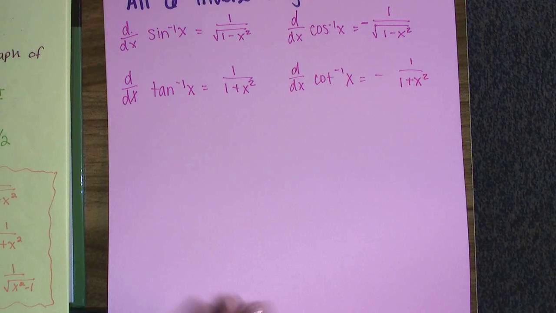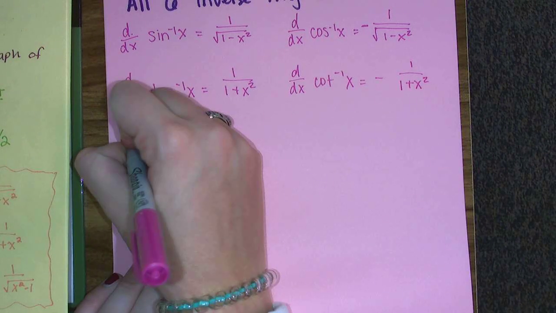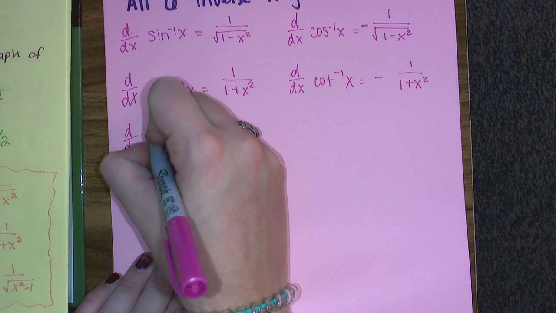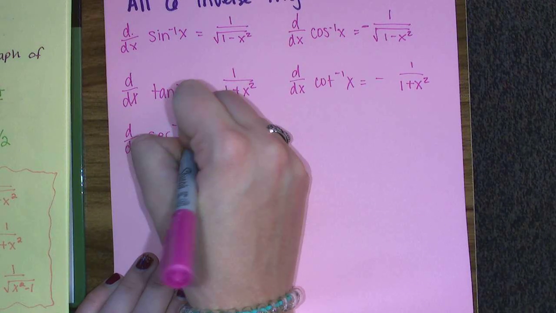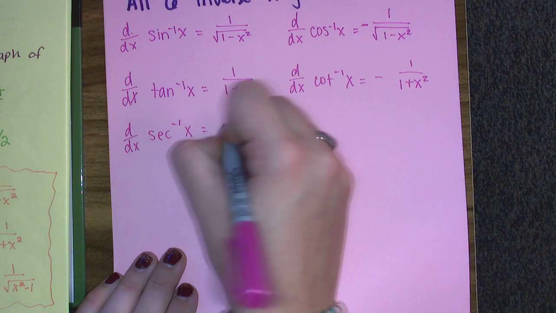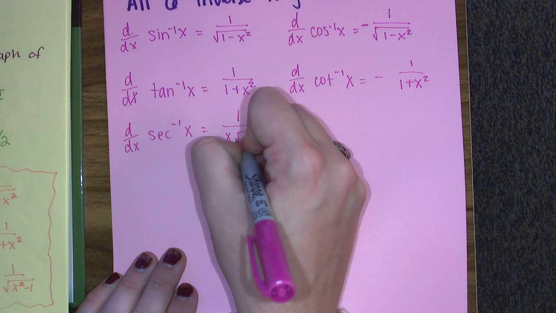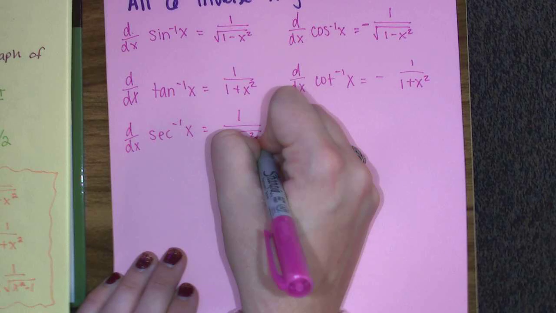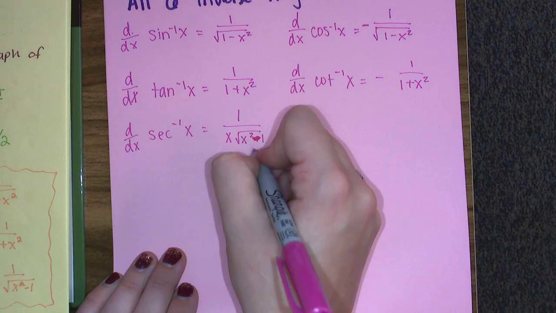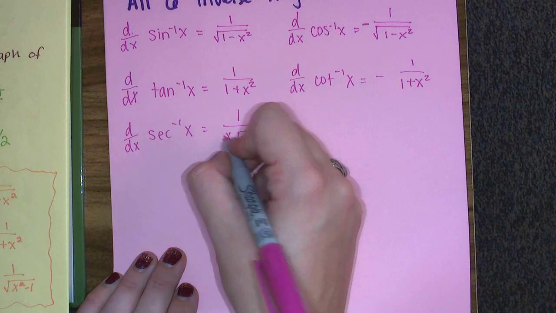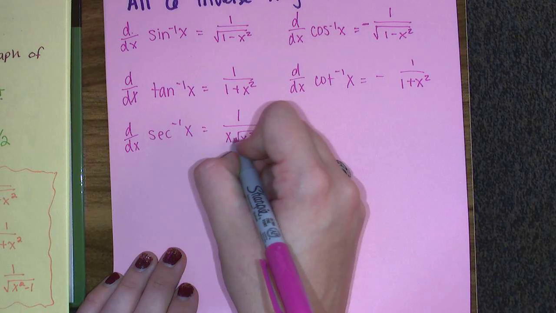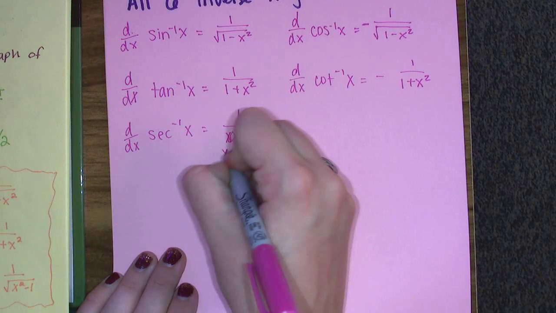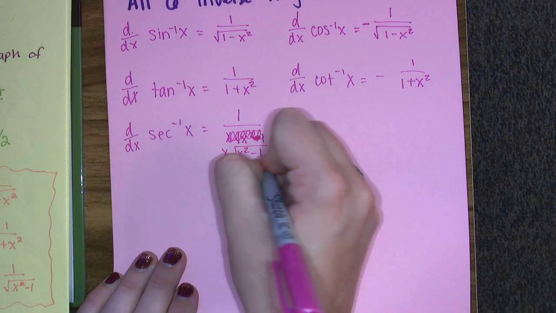And then the last ones here, we have the derivative of the arc secant of x, which is 1 over x times the square root of x squared plus 1, or oops, this is supposed to be a minus 1. There we go.